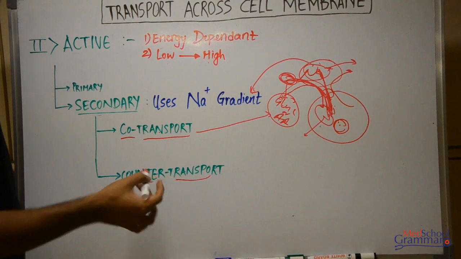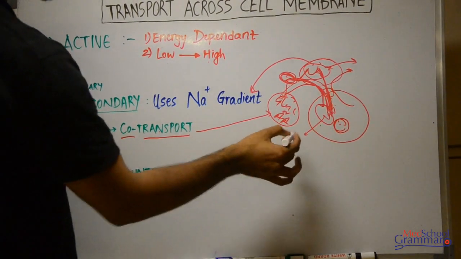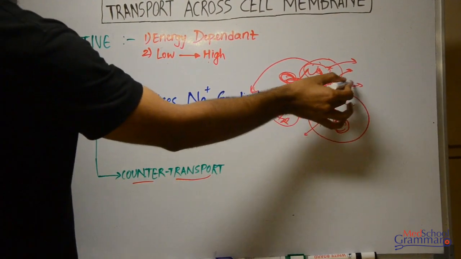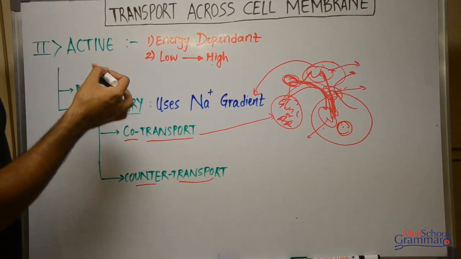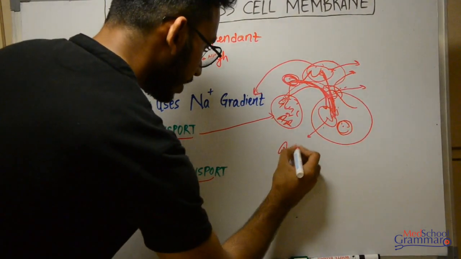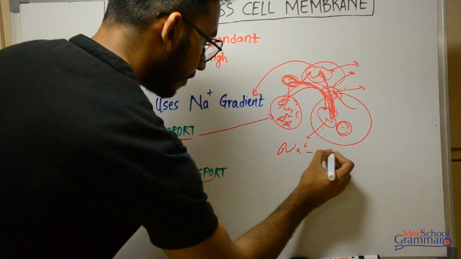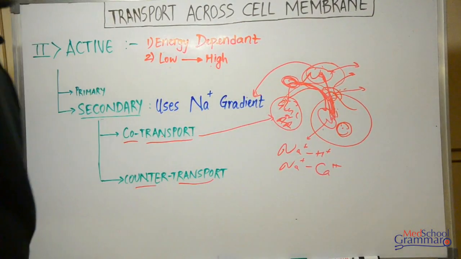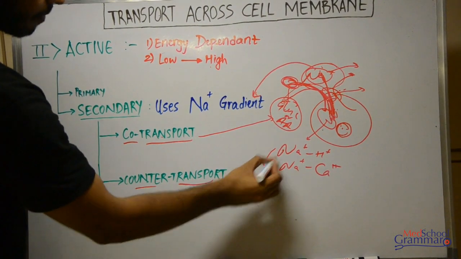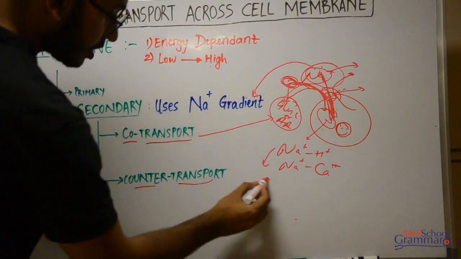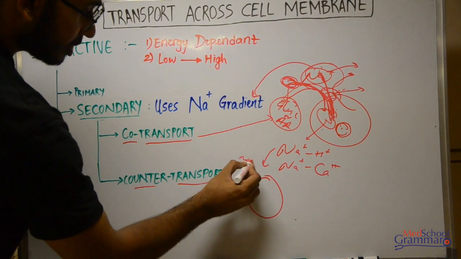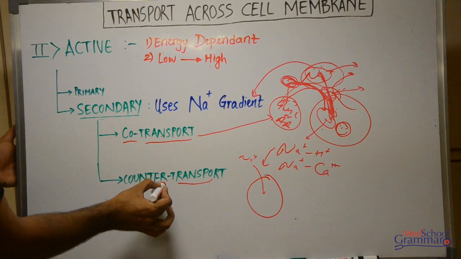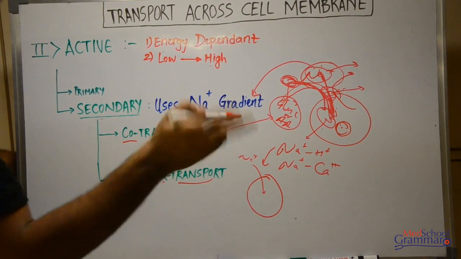Coming to counter transport, counter means opposite. So there are certain pumps in the body. Now remember, these channels with proteins which operate in active transport are known as pumps. There are certain pumps known as the sodium hydrogen pump or sodium calcium pump. For example, when the sodium hydrogen pump functions, sodium naturally tends to move along its gradient, but since this is counter transport, the molecules have to move in opposite directions.